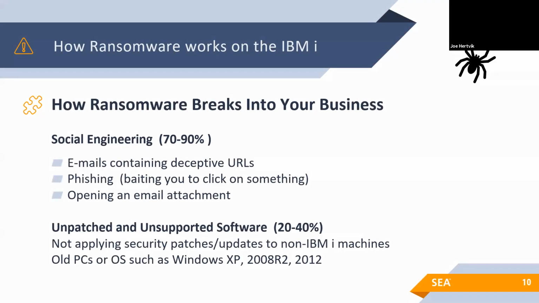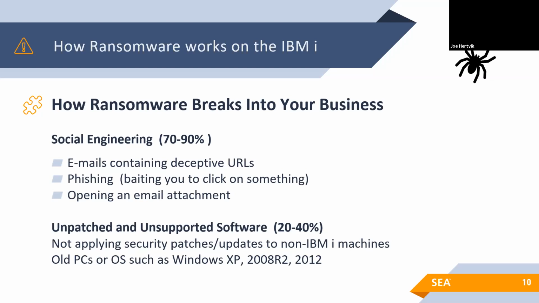Now, we talked a little bit about how ransomware breaks into your business, but let's go over this again because this is important. 70 to 90% of ransomware and virus attacks happen through social engineering techniques. Someone sends your users an email that has a deceptive URL. The URL may be for Google, but instead of O's in the name google.com, it uses zeros.